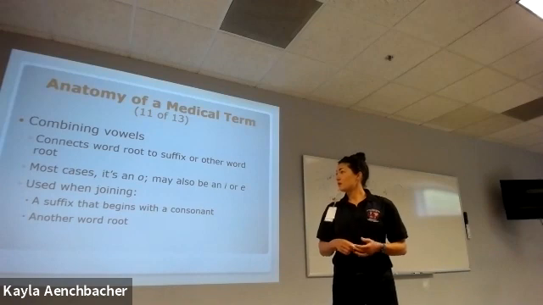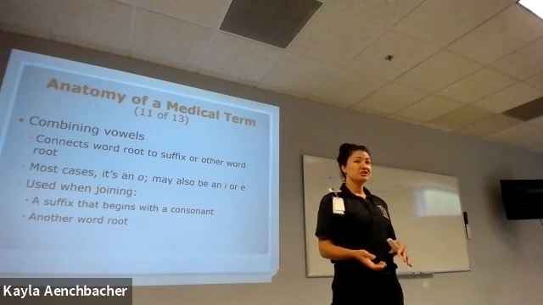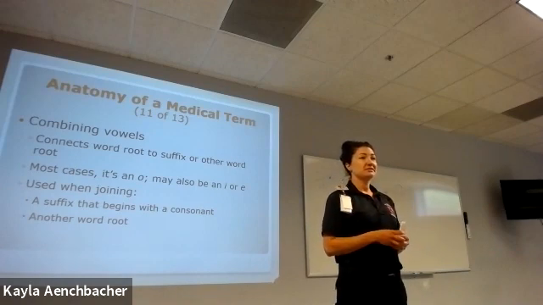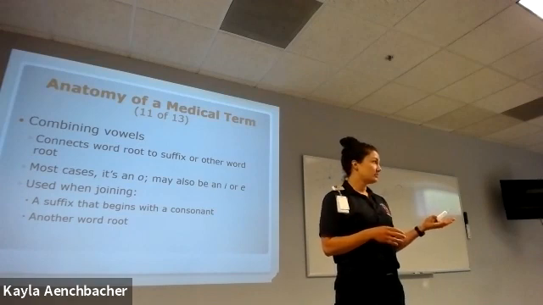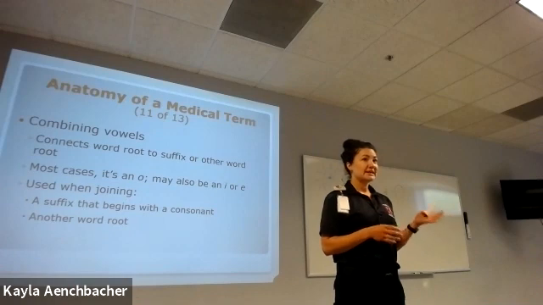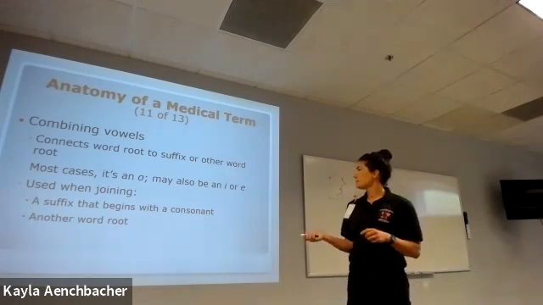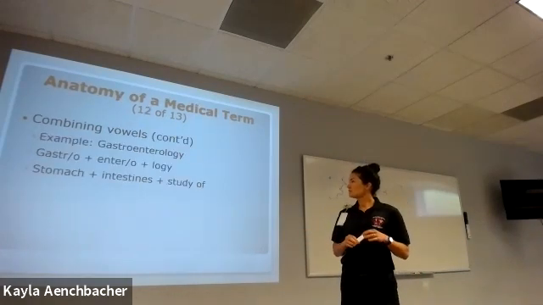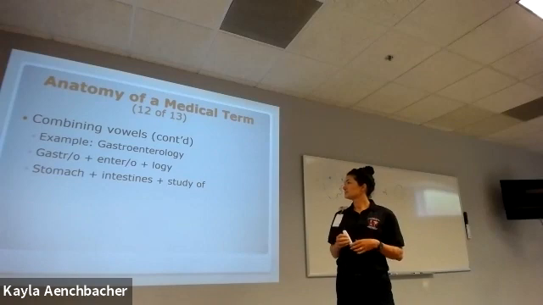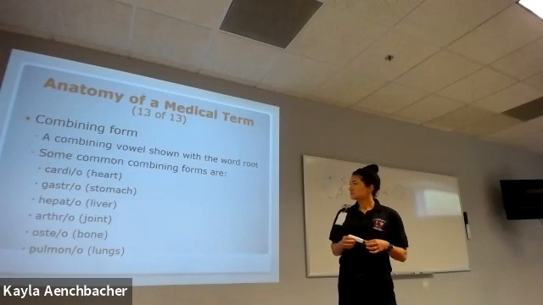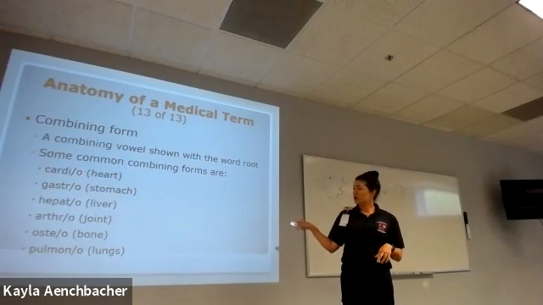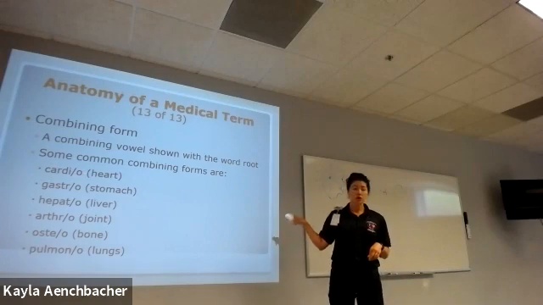Again, when combining the vowels, sometimes the pronunciation changes. So just be used to it. Like we just said, bradypnic or tachypnic sounds a little bit different because of those vowels, but it's still going to mean the same root word and the same prefix type thing. So sometimes you will see cardiac or cardio.